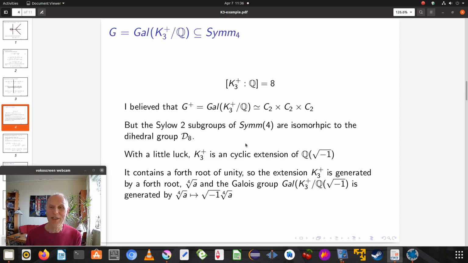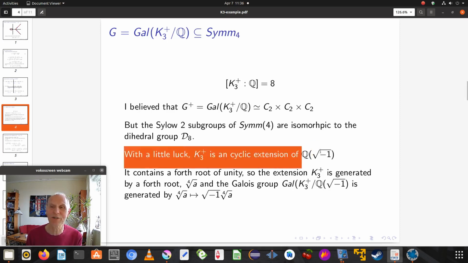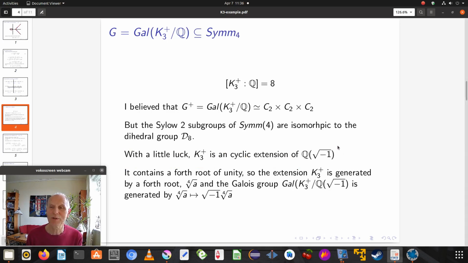But what I did was, let's hope that it can be written as an extension of Q of the Gaussian integers, or the fraction field of the Gaussian integers, because that contains a fourth root of unity.